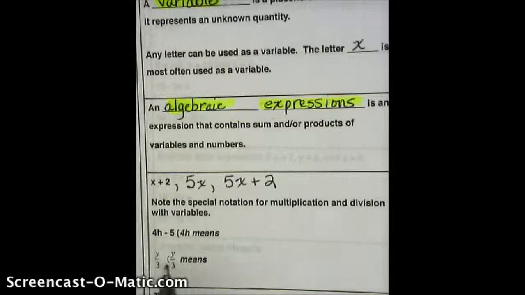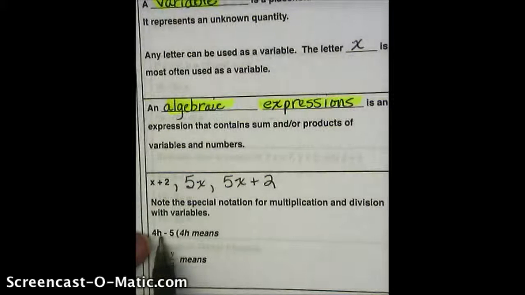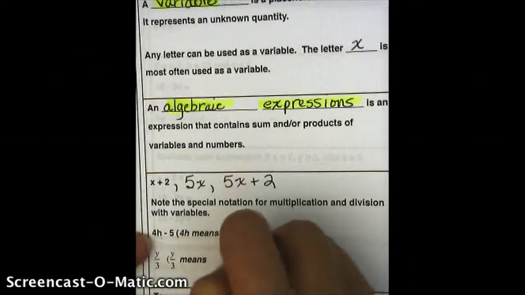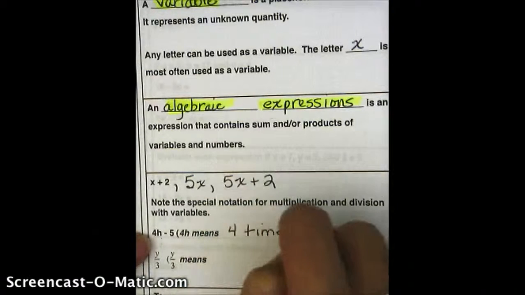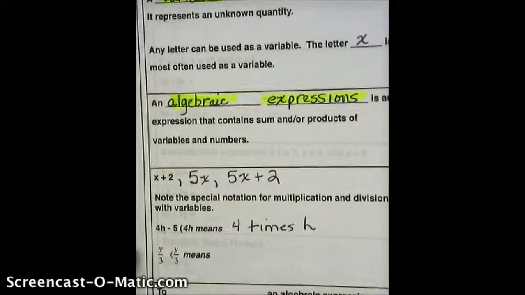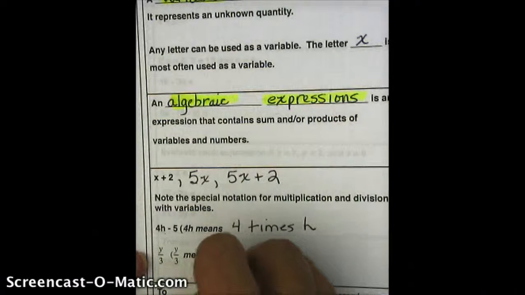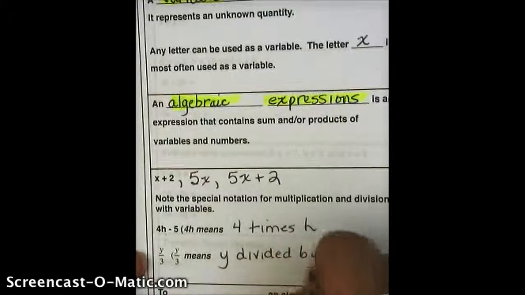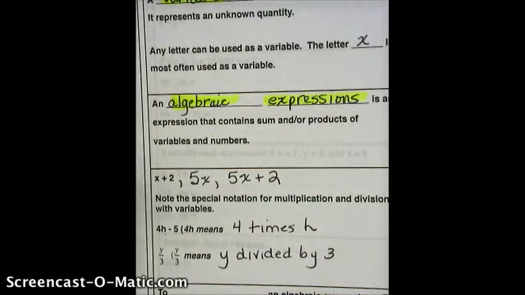For example, in 4h minus 5, we have 4 and h right next to each other, and that means that we're saying 4 times h. Sometimes you will also see, and this will probably be just a little bit later, where we have division, y divided by 3. It's in fraction form, but it actually means y divided by 3. So the bar in the fraction is the division.